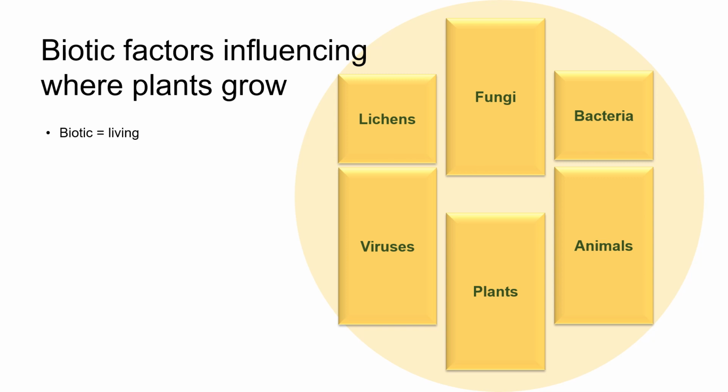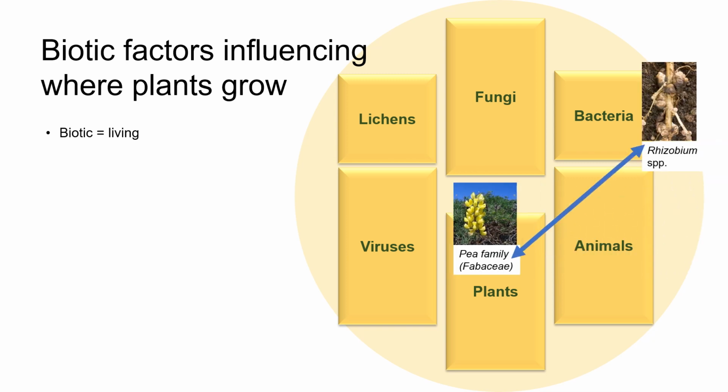But it's important to remember the vast number of interactions going on that aren't obvious to us. These include interactions between microorganisms and between both micro and macroorganisms. One example that you're probably already familiar with is the symbiotic relationship between soil-dwelling nitrogen-fixing bacteria in the genus Rhizobia and the roots of plants in the pea family, such as lupins.